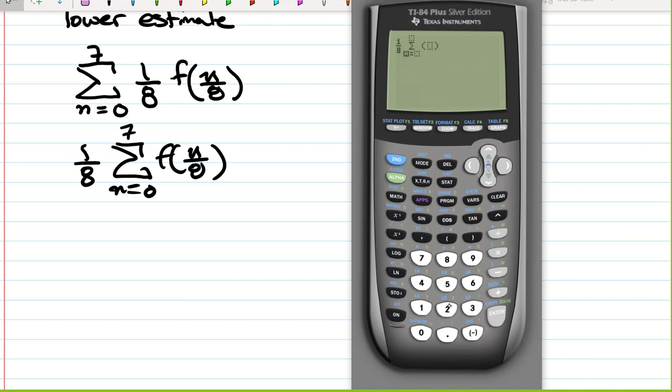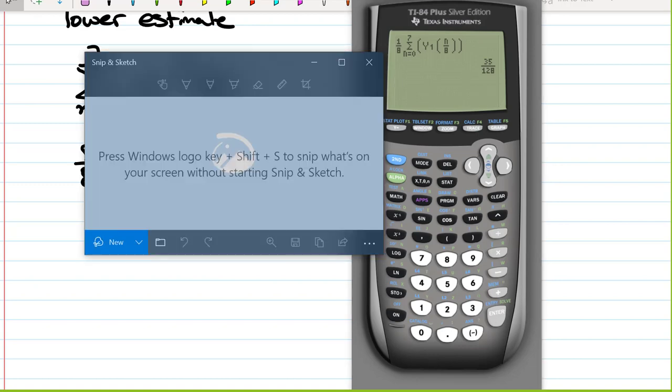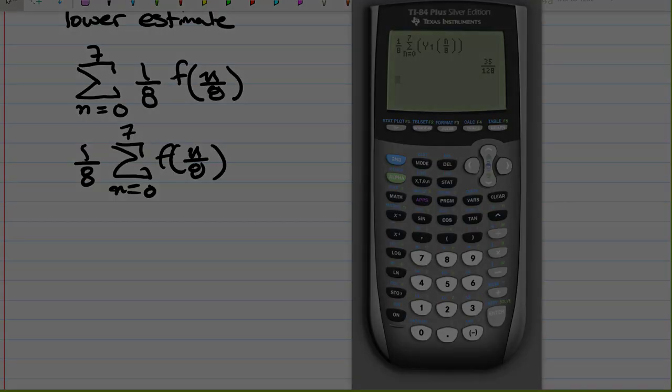We grab our sum as n goes from 0 to 7, then alpha trace, we grab our function, our y, alpha y equals, and to get our fraction, n divided by 8. Then we close our parentheses and press enter, and our calculator thinks for a second, and it gives us our lower estimate as being 35 over 128.